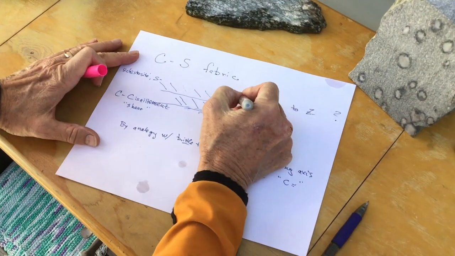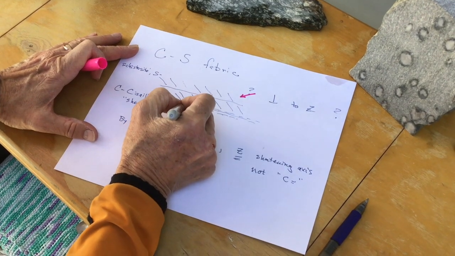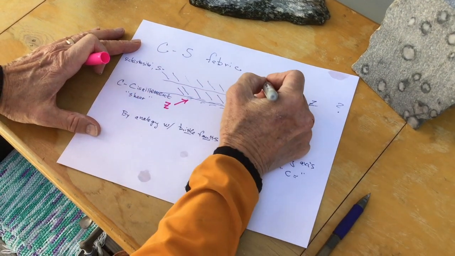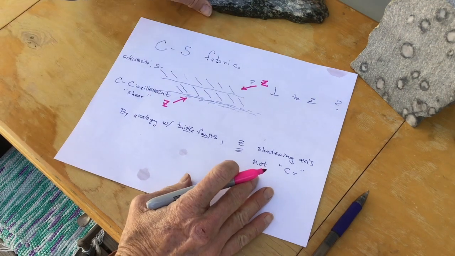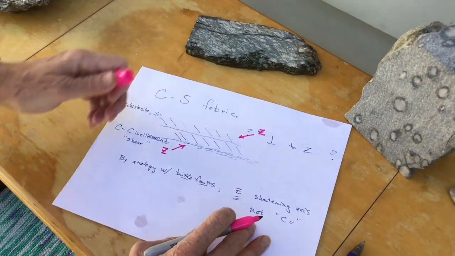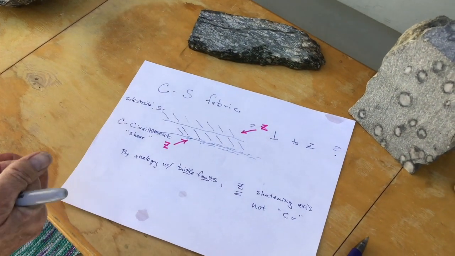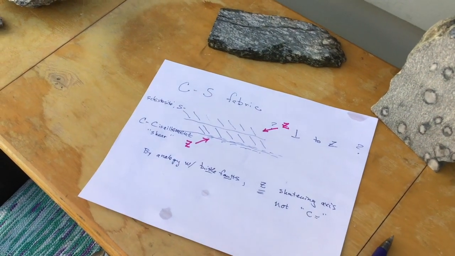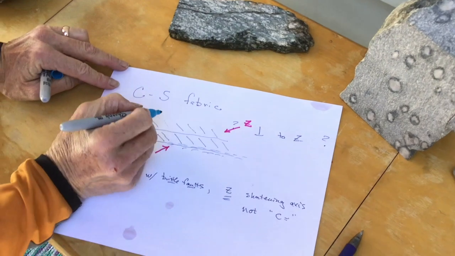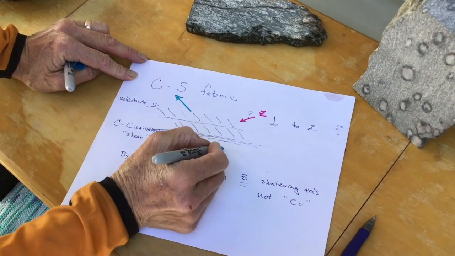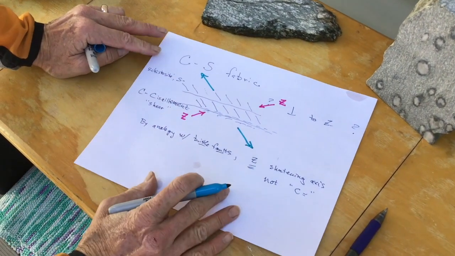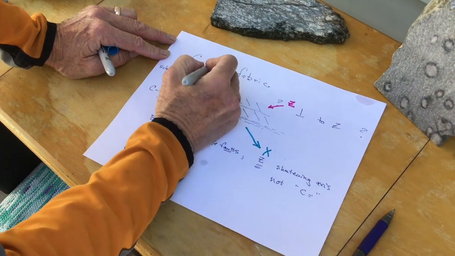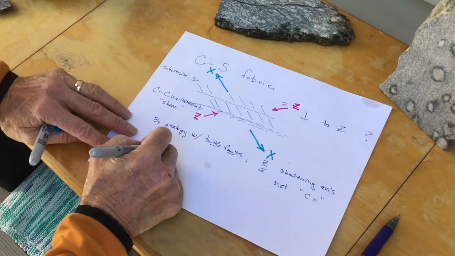So we'd fix the Z direction of the strain ellipsoid in this motion plane view, perpendicular to S, and the X-axis of stretching parallel to that plane and parallel to lineation.